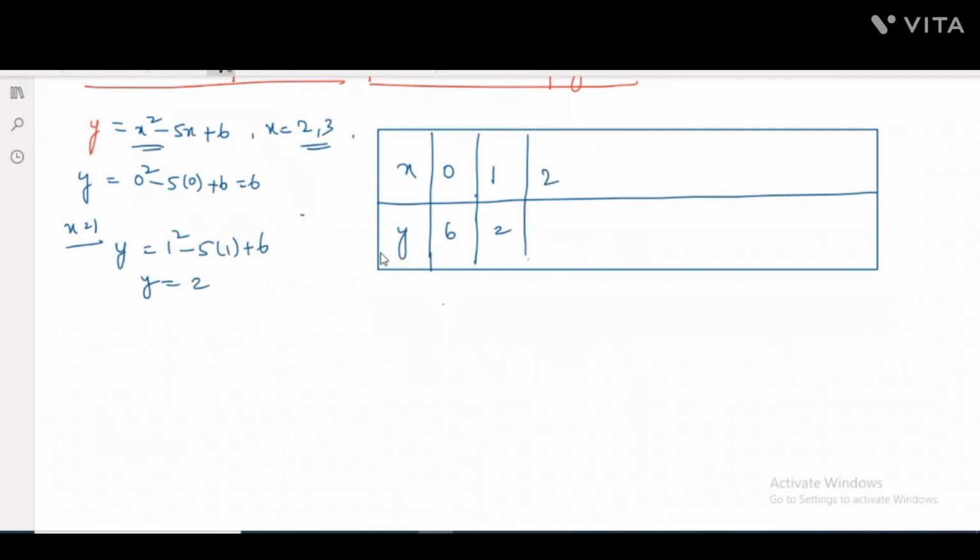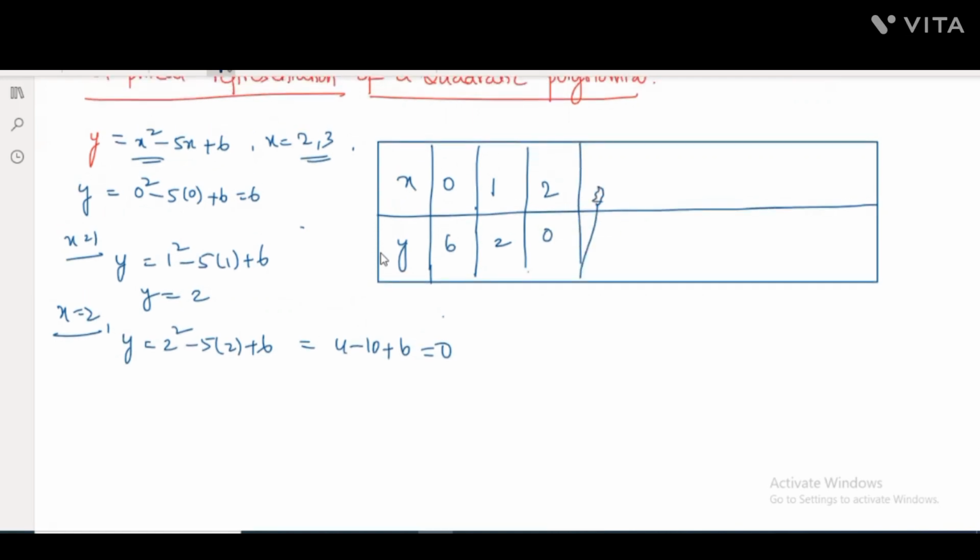I'll substitute x is equal to 2. y is equal to 2 square minus 5 into 2 plus 6, which is 4 minus 10 plus 6, which is 0. I'll substitute 3.